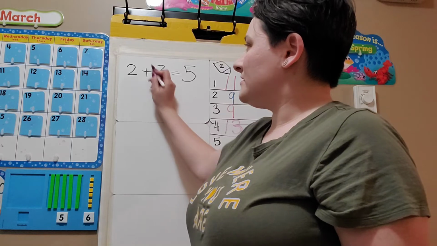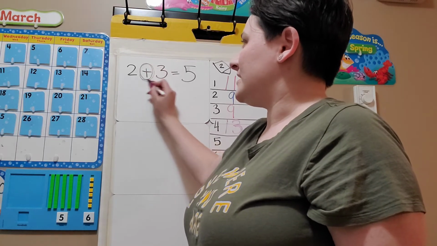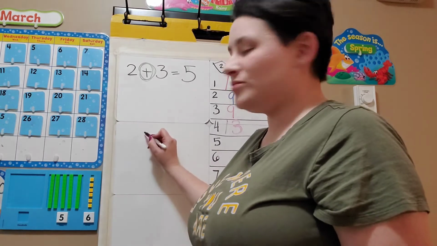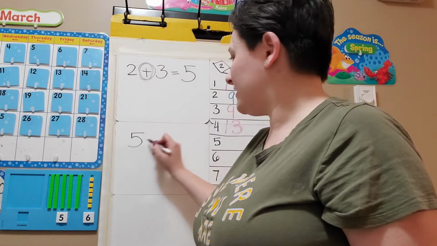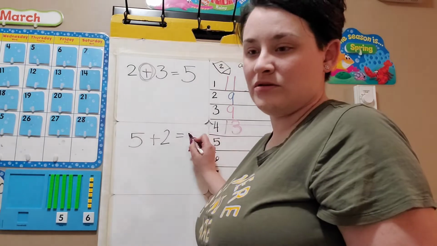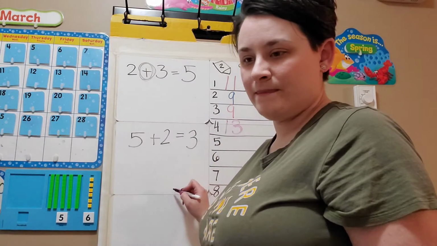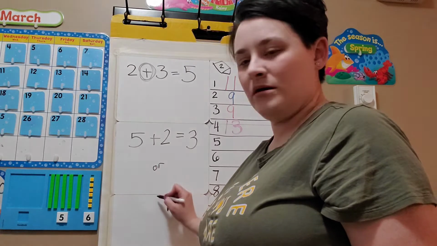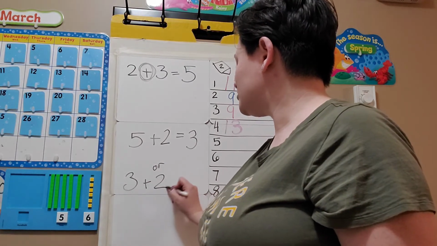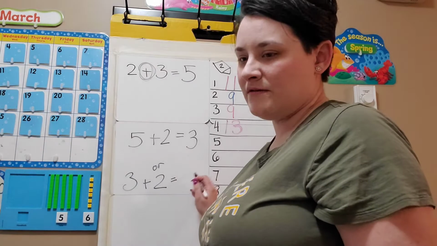And what is the operation we're using? We are adding. So the choices they give us are 5 plus 2 equals 3, or 3 plus 2 equals 5.